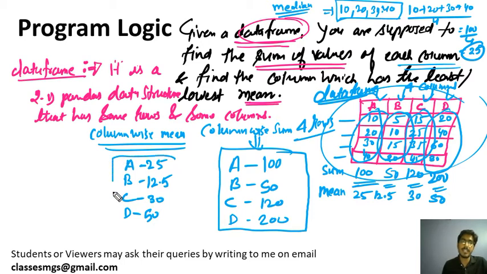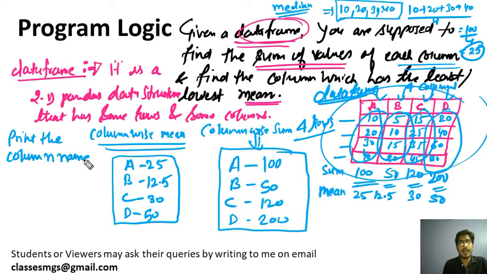So the second thing he is asking about is this output. And now the next thing he is asking is to print the column name and value that has the lowest mean. So this is the question asked. What is the lowest mean in this case?